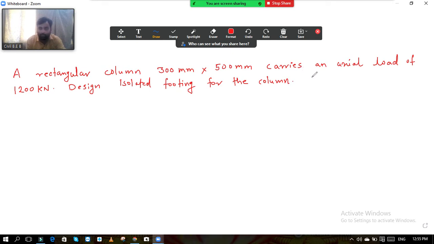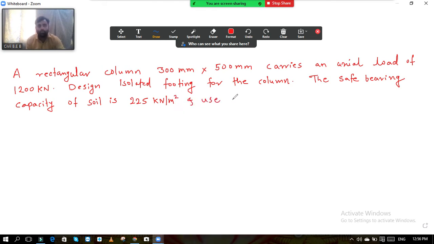The safe bearing capacity of soil is 225 kilonewton per meter square, and use M20 and Fe415.